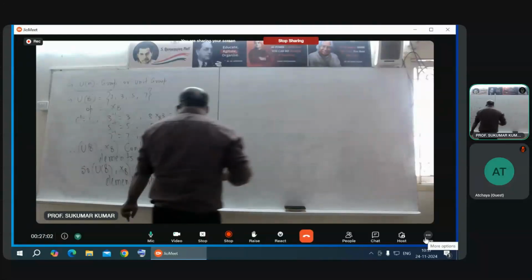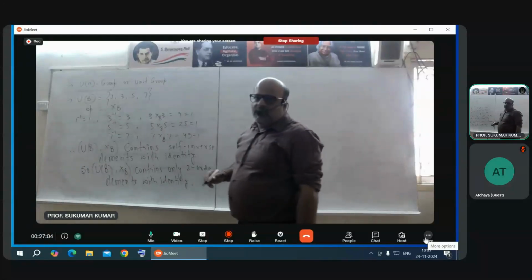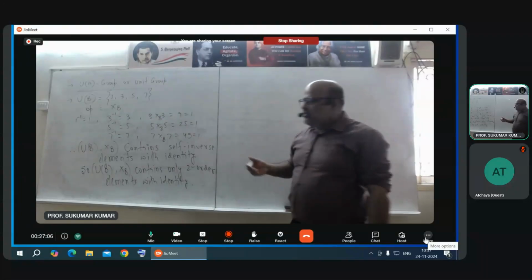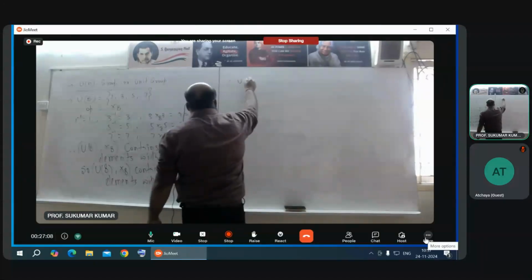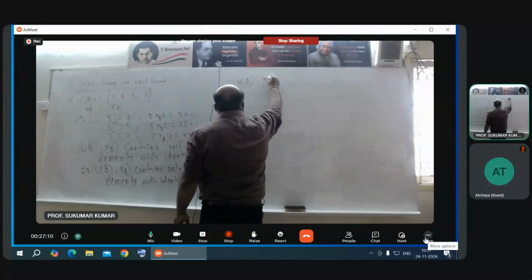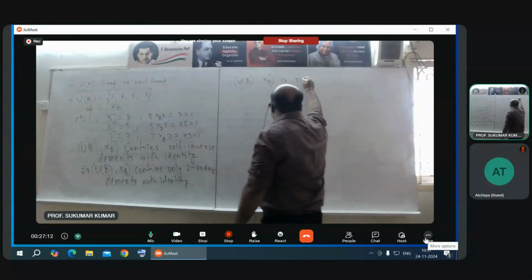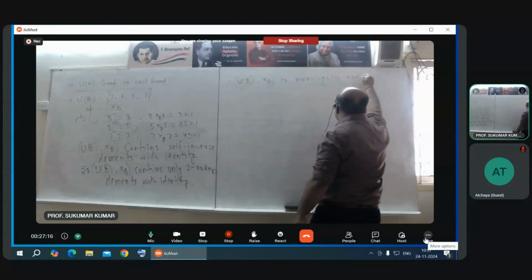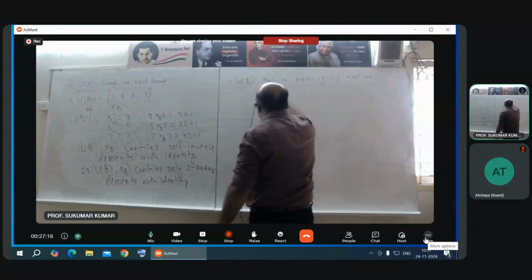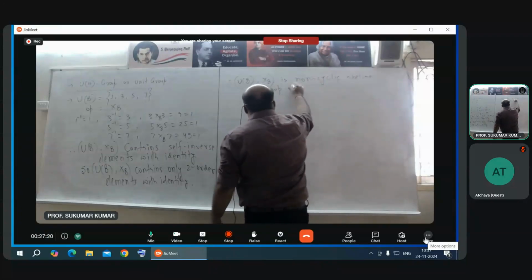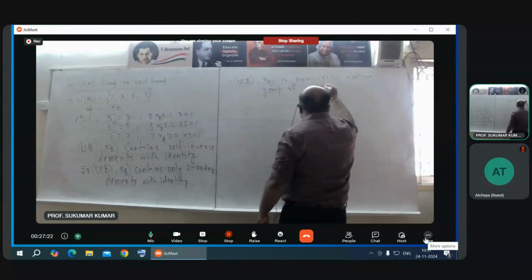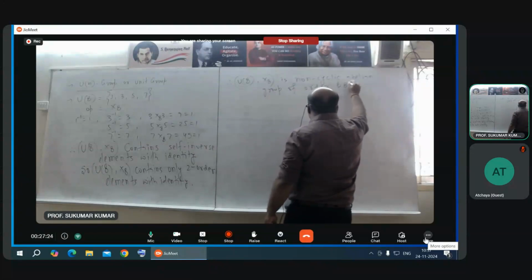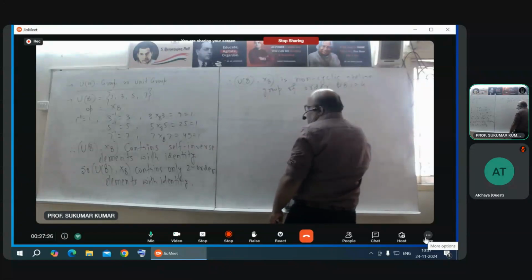So this is not cyclic. Only order 2 elements means it is not cyclic. So we can write U of 8 is finally a non-cyclic abelian group of order phi of 8. Phi of 8 means 4.